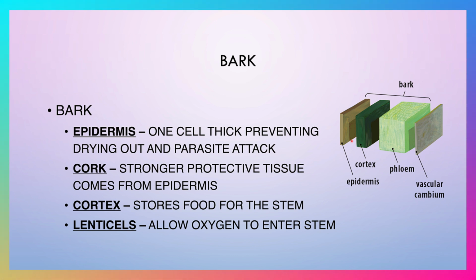And so you start with the single layer epidermis, which prevents drying out and parasites. Then in between, you'll have cork, which is not really shown here. Then the cortex, which is the site where food is stored. And then the vascular aspects, which is the phloem, and the vascular cambium, which works to form the phloem.